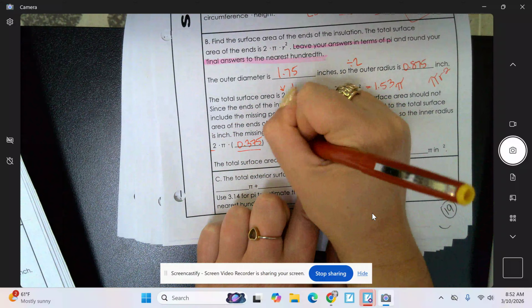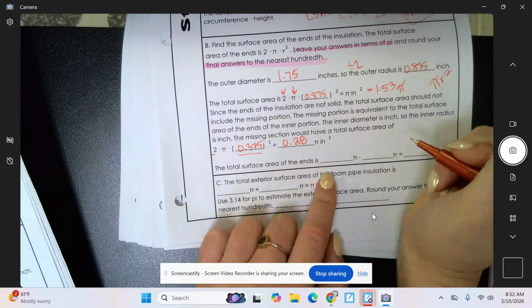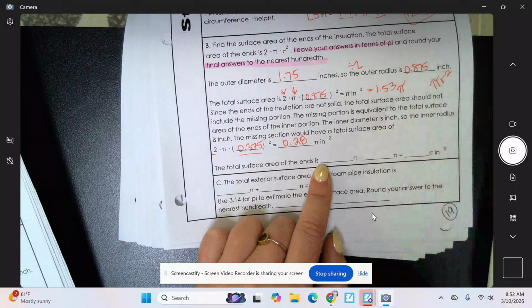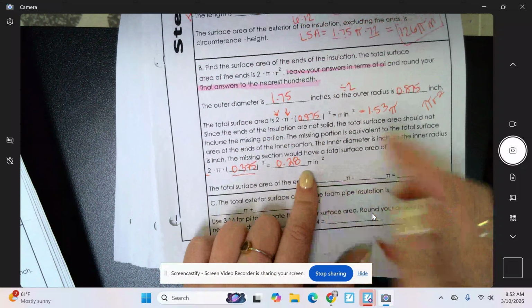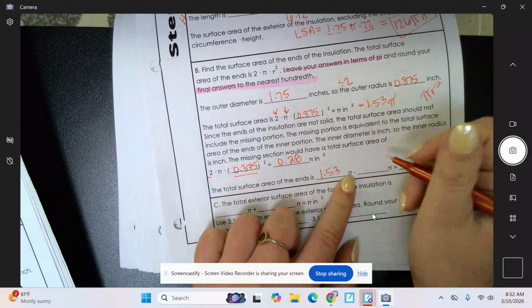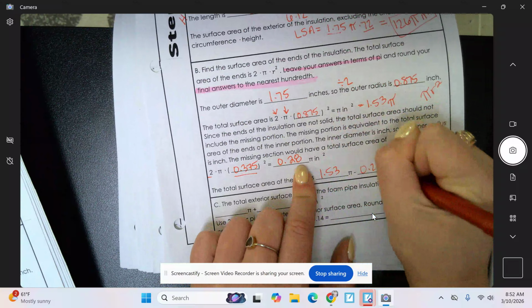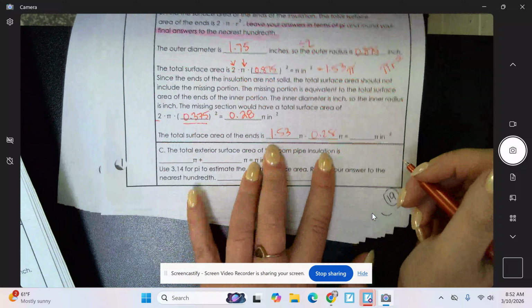Round it to the nearest hundredth, it would be 0.28 pi. So now we're going to subtract the 2. So we've got 1.53, the bigger one, pi, minus 0.28 pi, which gives me, so subtract those two numbers.